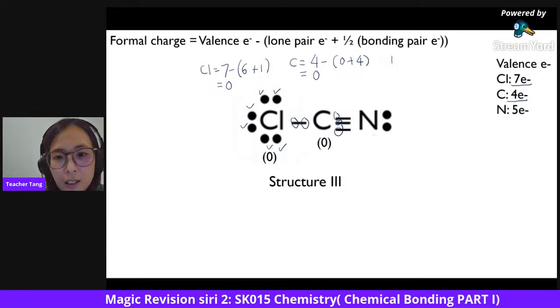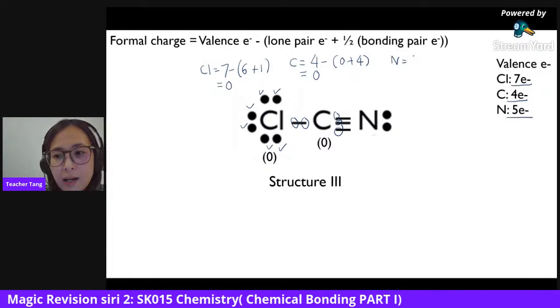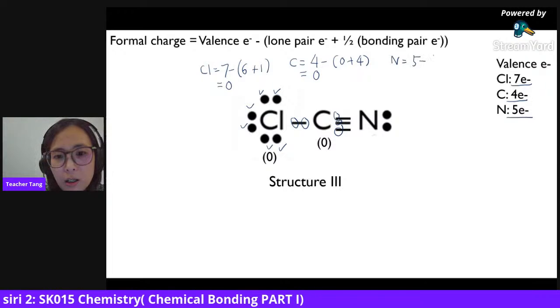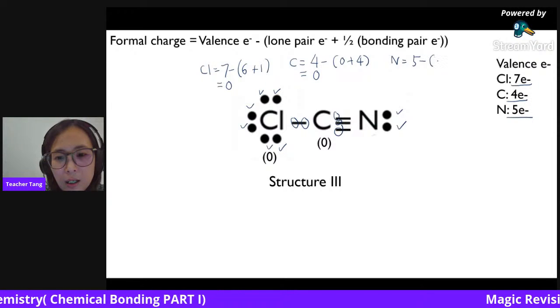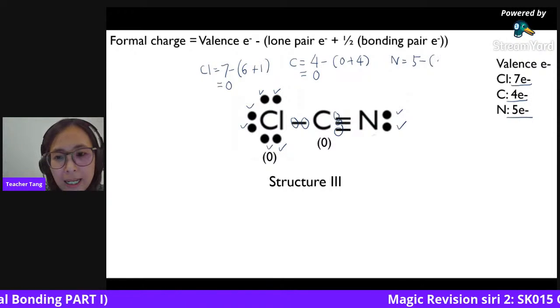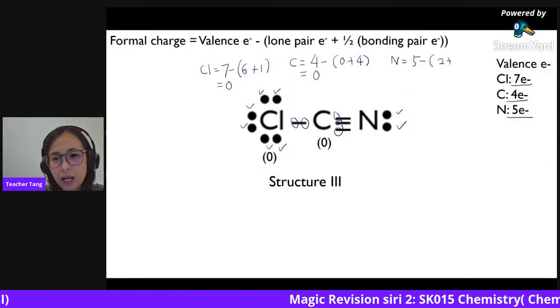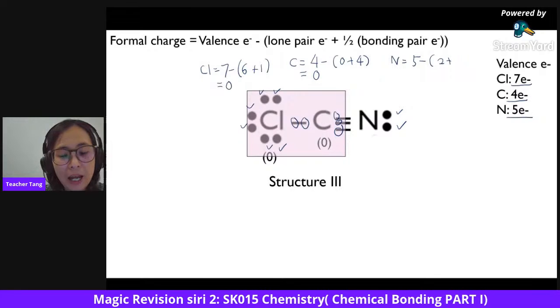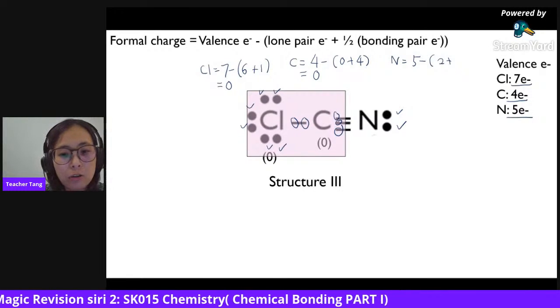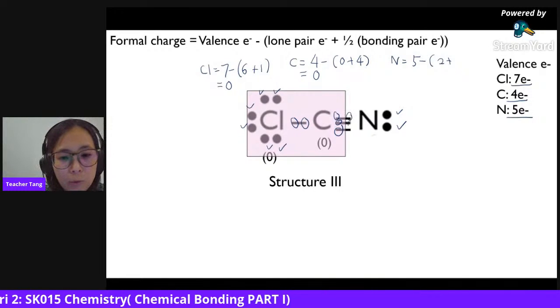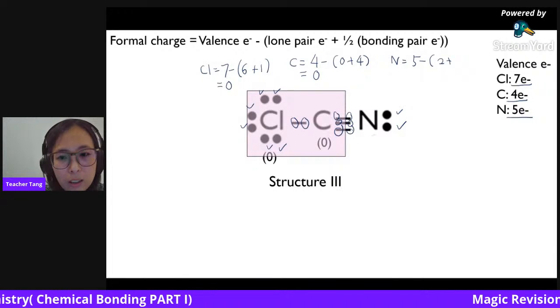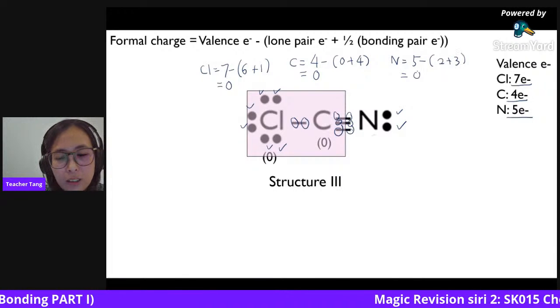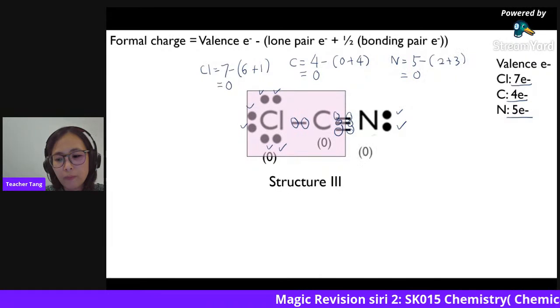So nitrogen, 5 valence electrons minus 2 lone pair electrons, plus half bonding pair electrons. So you cover the bonding pair electrons by half and only count the electrons that belong to the nitrogen, which is 1, 2, 3. So 3, to give 0 formal charge on nitrogen.